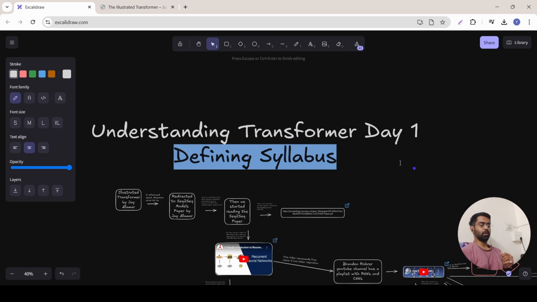Okay, so now we have the concept and the action items, what we have to do. But what will we study? We don't have any syllabus, because in a way we are creating a book of our own for this concept of transformers, and there is no index.